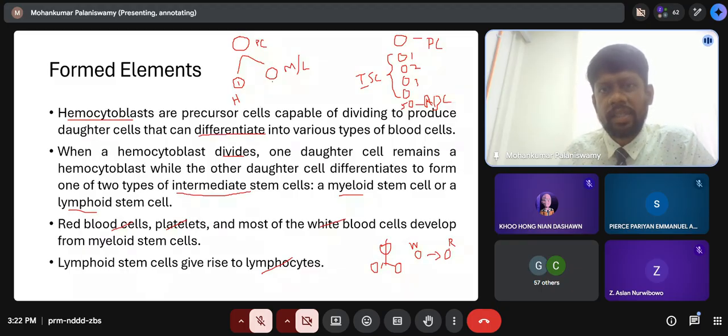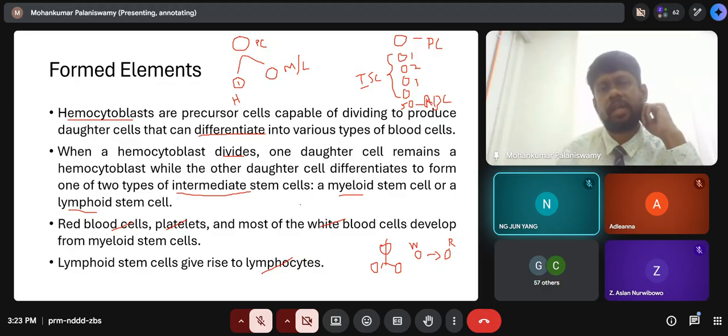Among the two daughter cells, one remains the hemocytoblast itself, whereas the other becomes the myeloid stem cell or lymphoid stem cell. If it is a myeloid stem cell, it can produce the WBC, RBC, and platelets. If it is the lymphoid stem cell, it can produce lymphocytes. Clear? Okay.